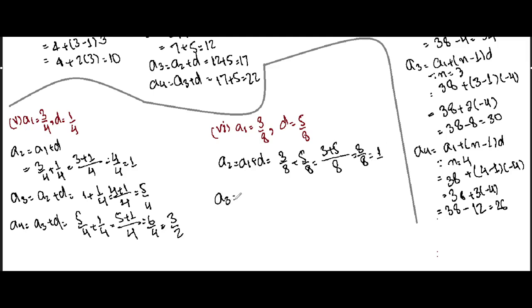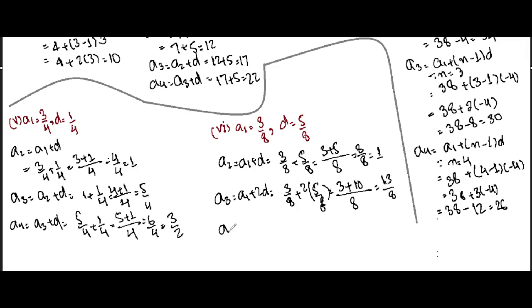Now A3 equals A1 plus 2D, which is equal to A1 is 3 by 8 plus 2 into D is 5 by 8. We are not going to cancel this 2 and 8 because we have to take 8 as LCM. So let's take LCM. 3 plus 5 twos are 10, which is equal to 13 by 8.